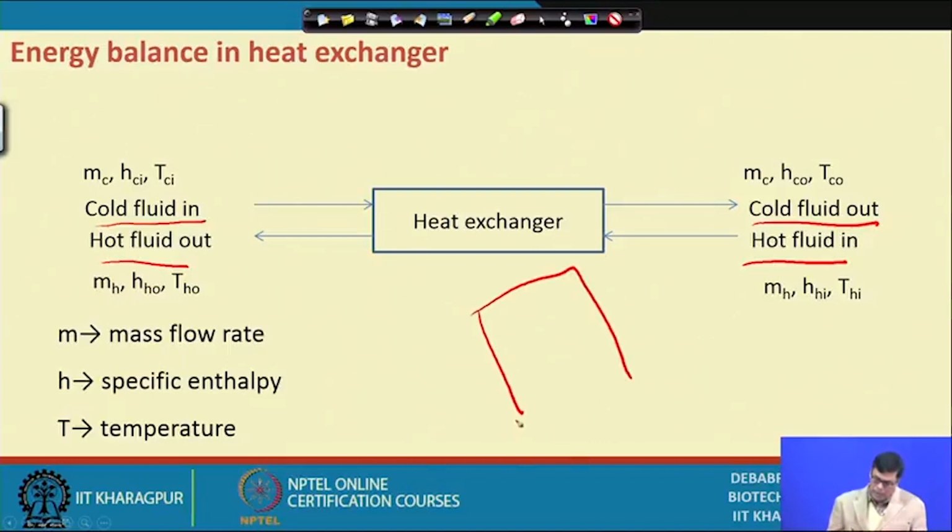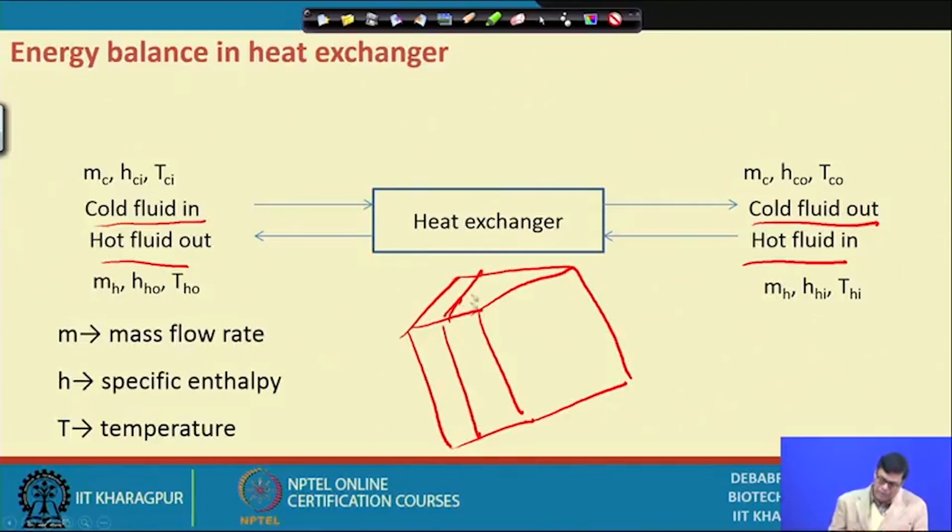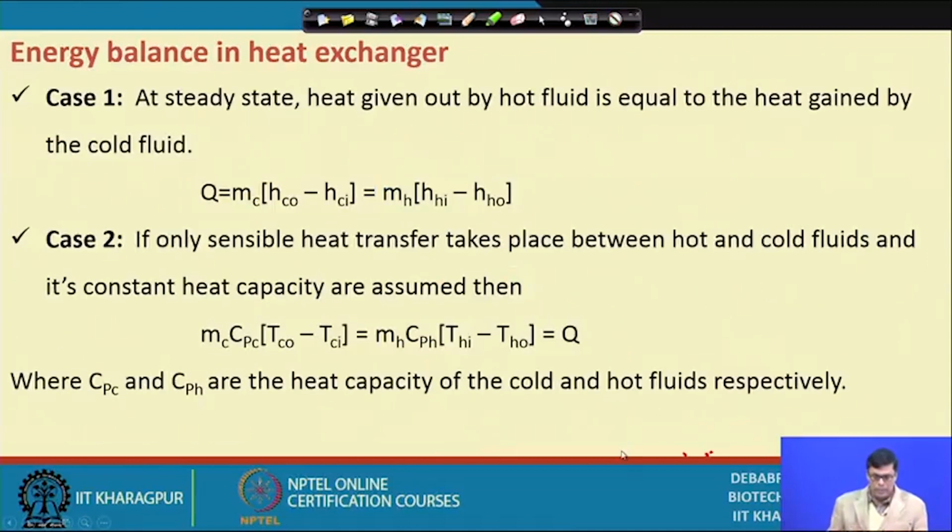Suppose we have a plate heat exchanger. In a plate heat exchanger, on one plate we can pass the hot liquid and take out the hot liquid. On another plate we can pass the cold liquid and take out the cold liquid. Like this.